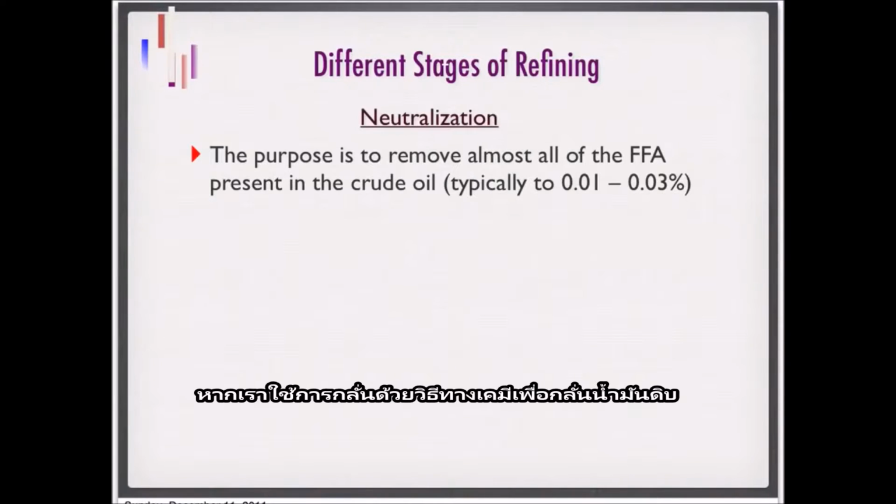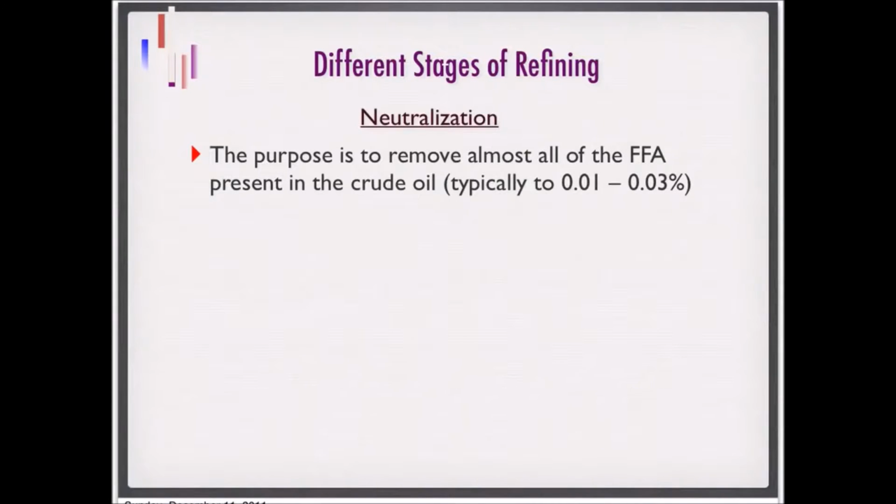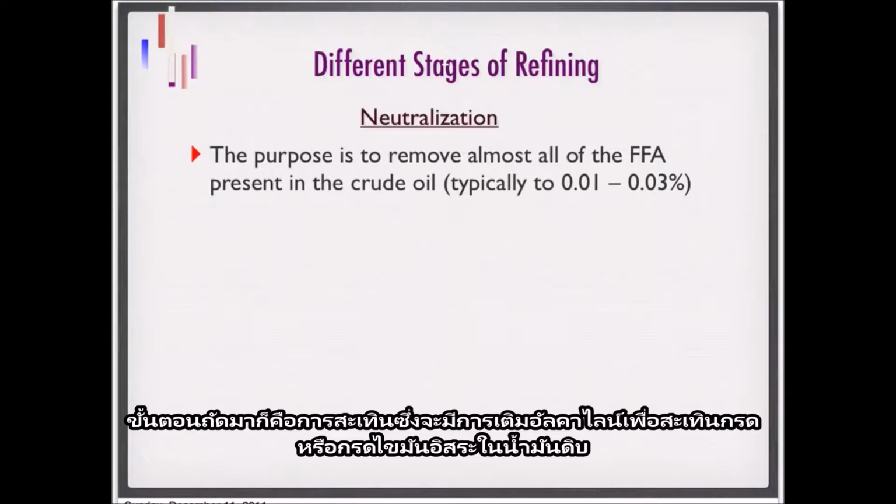If we use chemical refining to refine the crude oil, there's a step called neutralization, where we add the alkali to neutralize the acid, or the free fatty acid, in the crude oil.